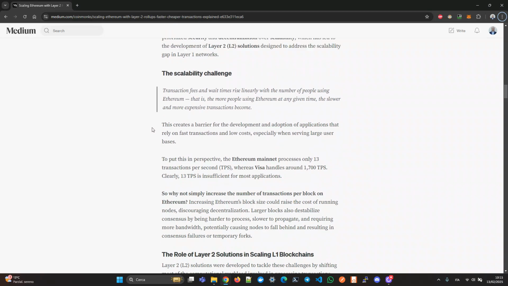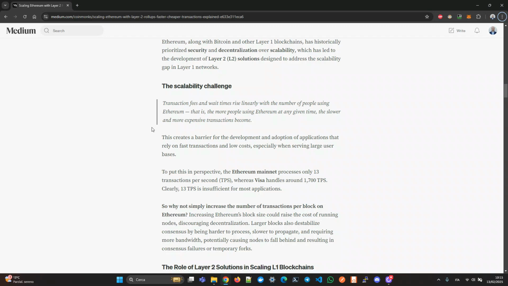So as we said before, the reason why layer 2s have been created is to address the scalability challenge, because as more people use the Ethereum blockchain, transactions become more expensive and also slower.